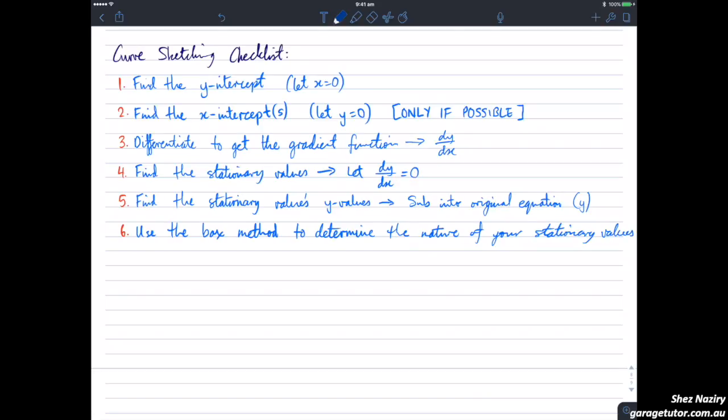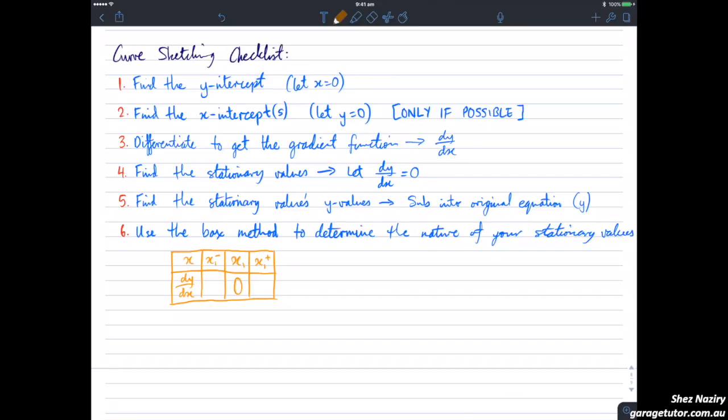I'll write a little thing here to remind you how that works. If you have x and dy dx, I'm going to say x1, then x1 a little bit bigger, and x1 a little bit smaller. So I'm surrounding it around x1.